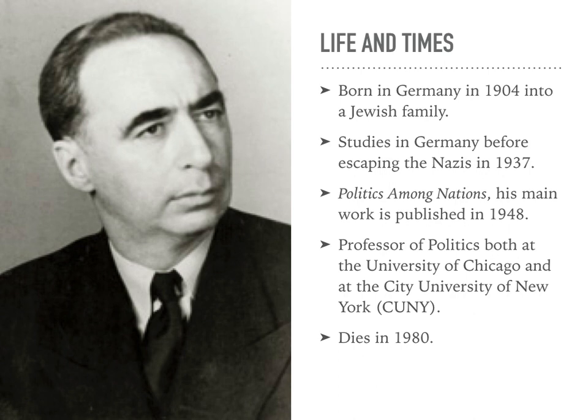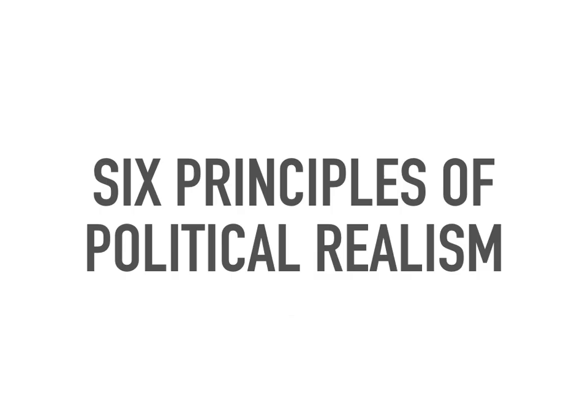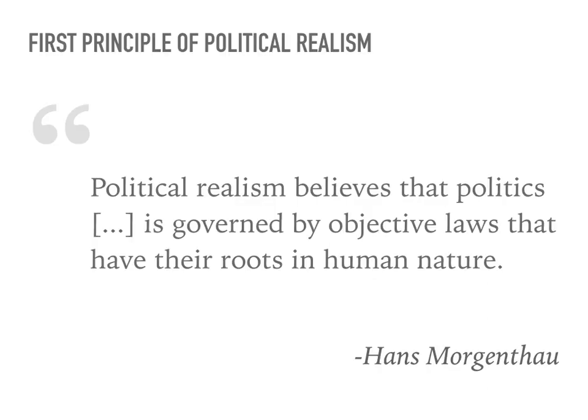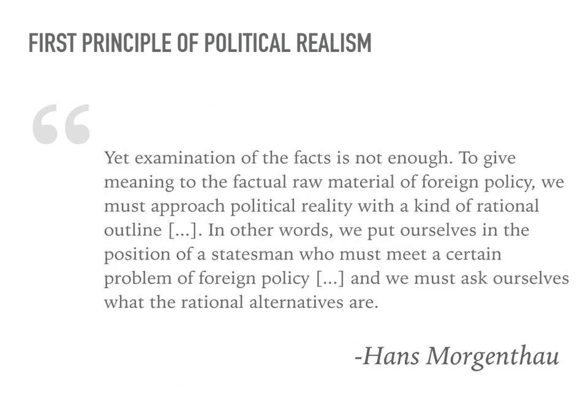And in Politics Among Nations, of which you had to read the first chapter, there are 6 principles of political realism. We're going to go through all 6 of them. The first one is that political realism believes that politics is governed by objective laws that have their roots in human nature. And yet examination of the facts is not enough.